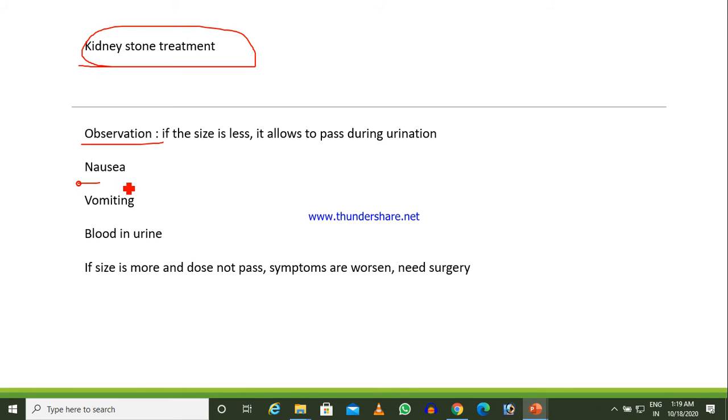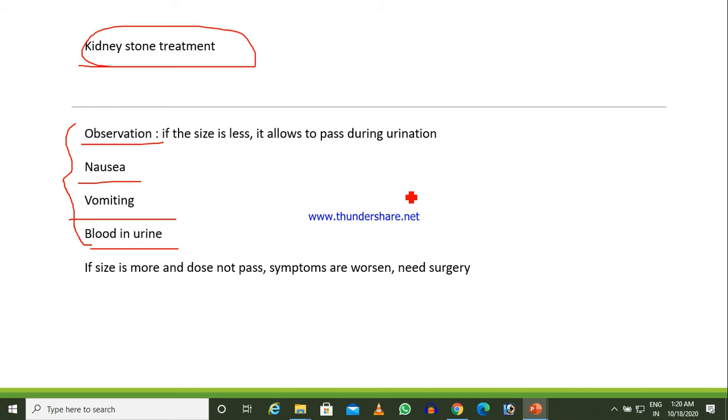Sometimes the person may experience symptoms like nausea, vomiting and blood in urine. If it is 0 to 0.5 centimeter, you should keep on observation and allow it to pass during urination.